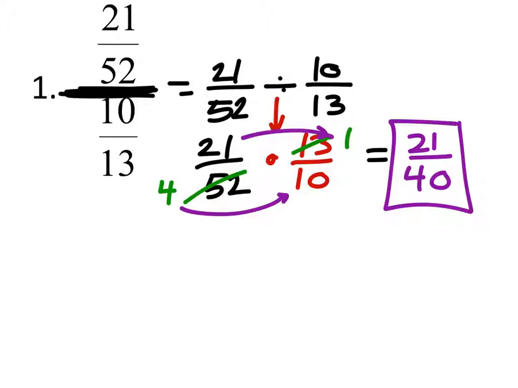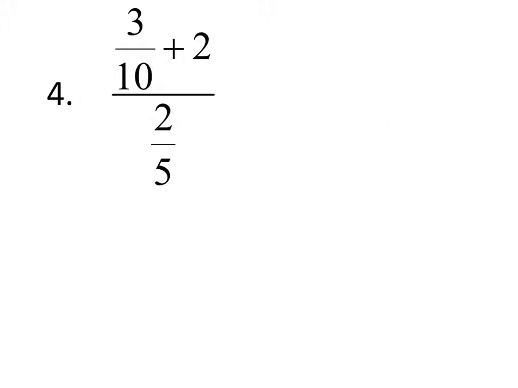But we will see some where there's maybe a couple more operations in either the numerator or denominator. 4 has this 3 tenths plus the 2, right? So what we need to do, and again, we got this big fraction line, so whatever it is, it'll be ended up being divided by 2/5. Well, we just need to figure out what that numerator is.